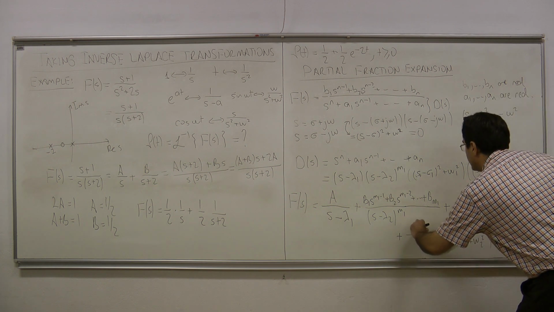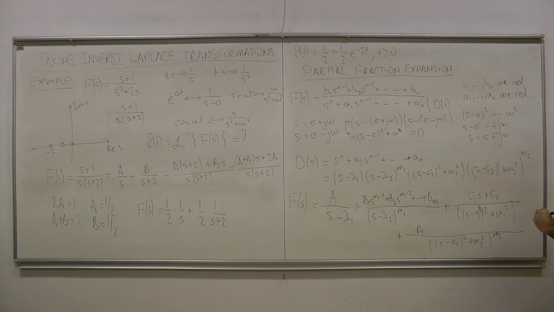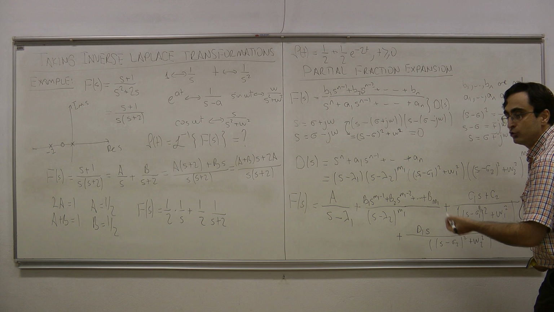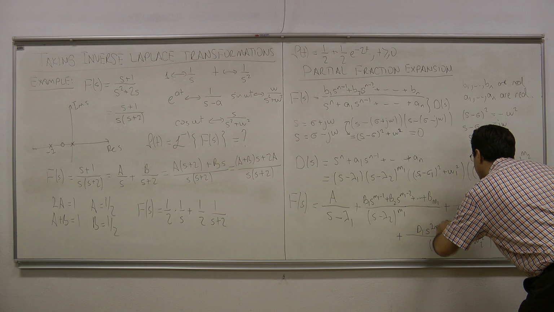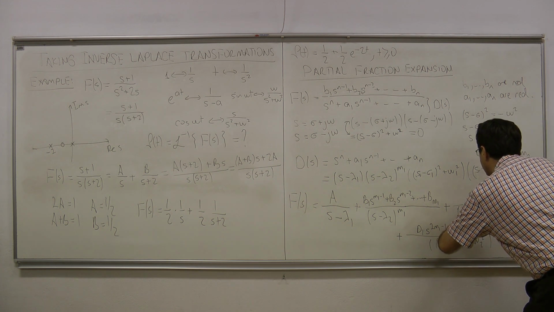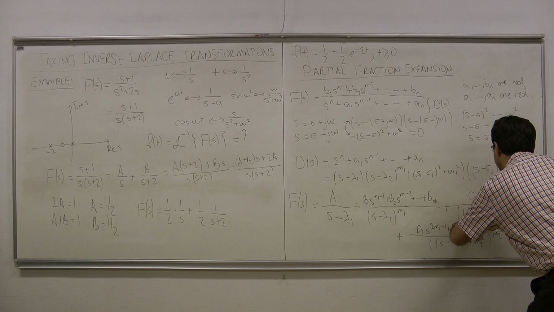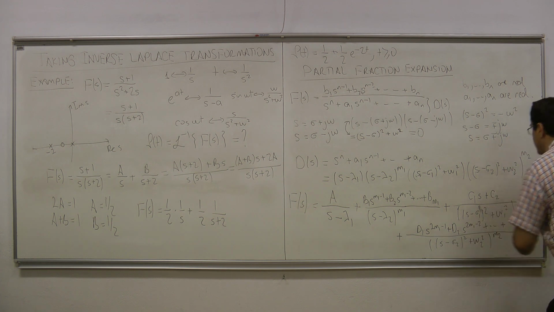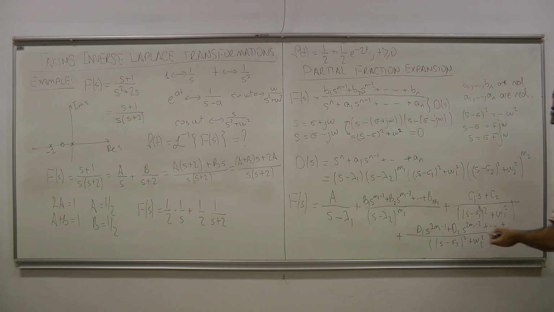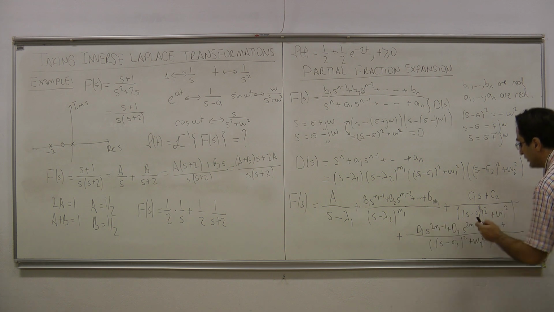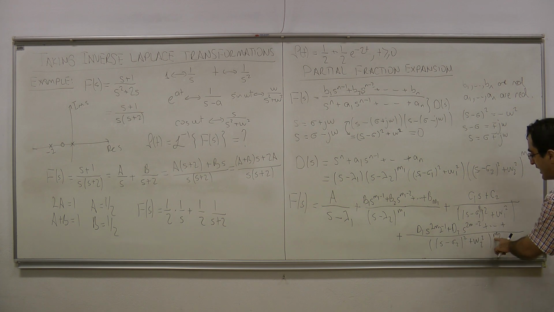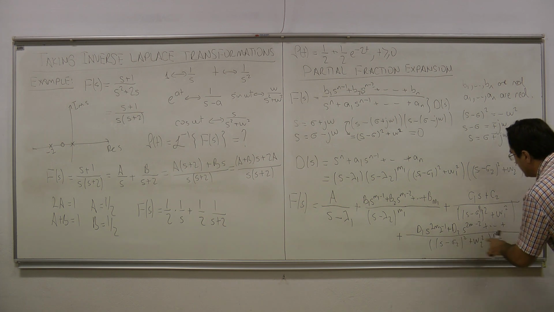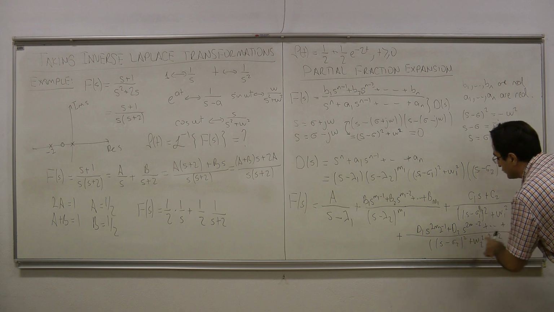Okay? So I need to put here the first coefficient d1 with the multiplier s to the power 2 m2 minus 1, plus d2 s to the power 2 m2 minus 2, and these are going to continue until a constant. Because the power here is m2, this is s squared to the power m2, which is s to the 2 m2.